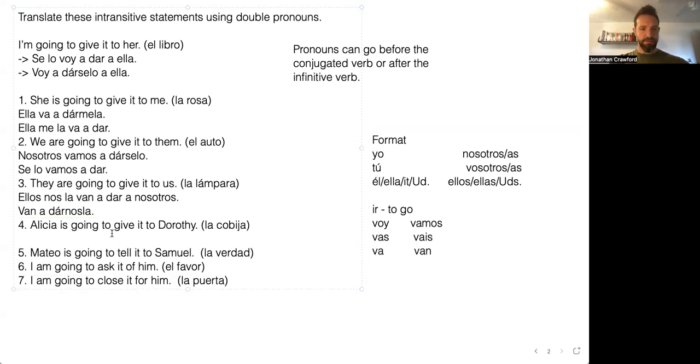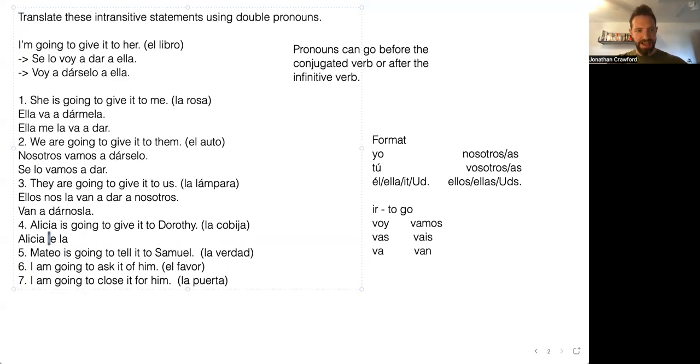Alicia is going to give it to Dorothy and it's la cobija. So now Alicia is the third person, right? Alicia is going to give it to Dorothy. So we say Alicia, and it's la cobija. So it's le la. But we can't have le la.